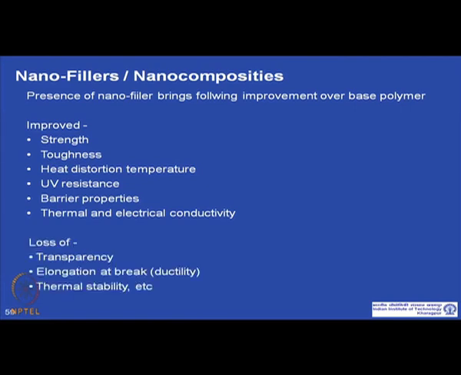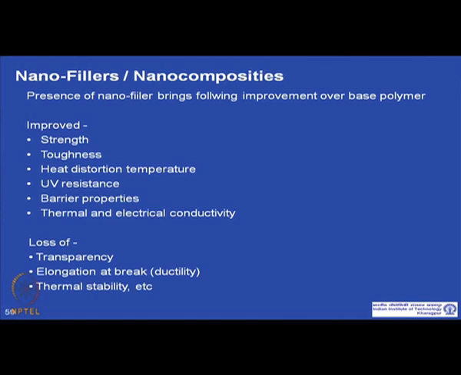Obviously, they also bring some challenges. For example, with these inorganic fillers, the transparency of the base polymers basically comes down, because, as we discussed earlier, of the difference in the refractive index between these fillers and the polymer matrix, and if the size is large, then it can cause a lot of scattering.